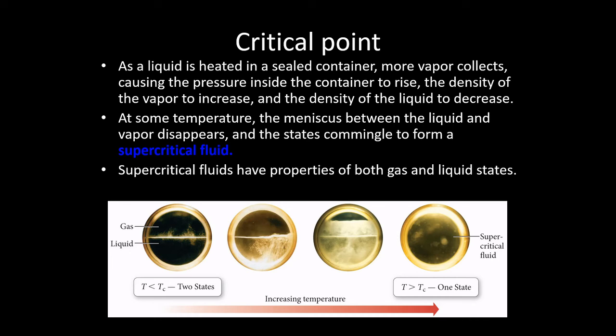So these are not the safest things to work with, but they can be very useful in certain situations. But supercritical fluids are not really their own phase because they don't have a clear delineation point. There's not really a point where you can say, okay, half a degree ago it was a liquid and now it is a supercritical fluid. As you can see here, it's more of a gradient moving up towards being a supercritical fluid.